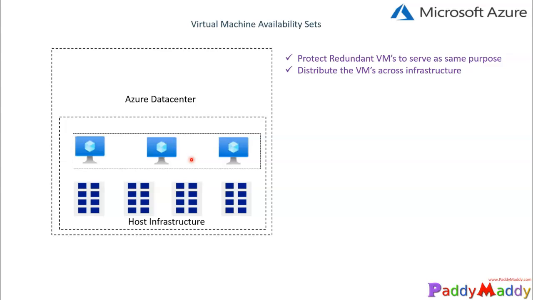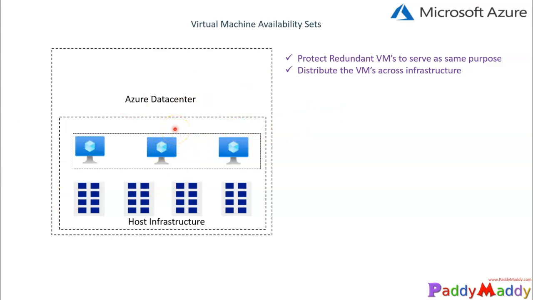And when we look at availability sets, we are not just protecting against hardware failures, we are also protecting against the outages that may result from Microsoft's side, to ensure the updates and keep the underlying infrastructure up to date.